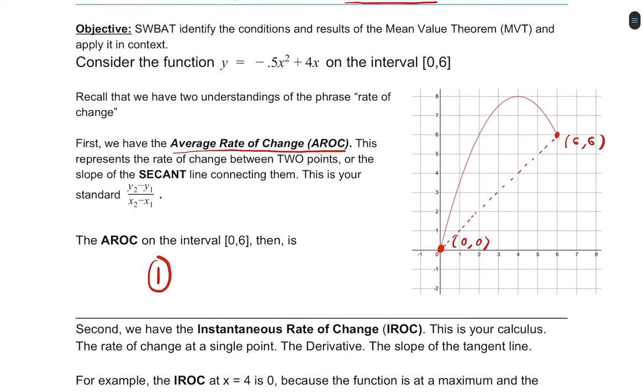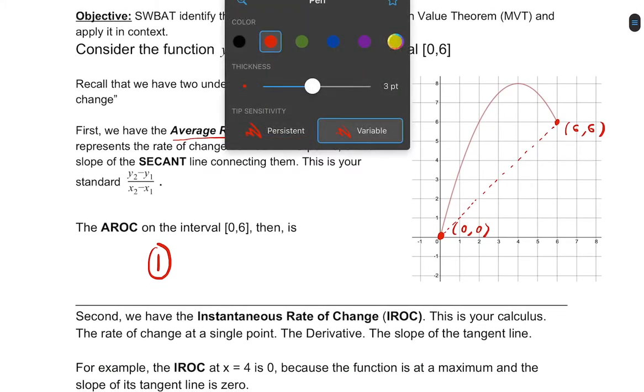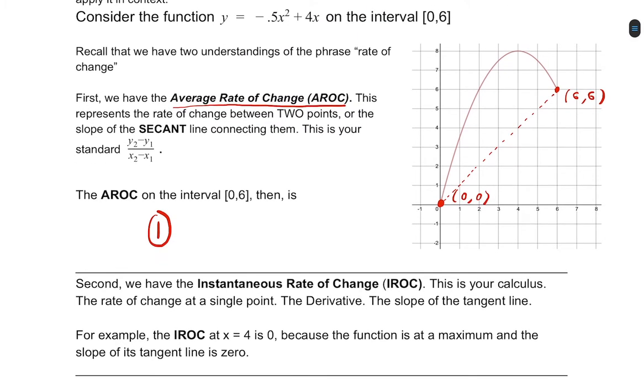Second, we have the instantaneous rate of change. There's your calculus, right? The instantaneous rate of change, the rate of change at a single point. It's kind of like a hand clapping in the woods thing, right? Can you have change at a point? Calculus tells us yes, that's the derivative. It's the slope of the tangent line.